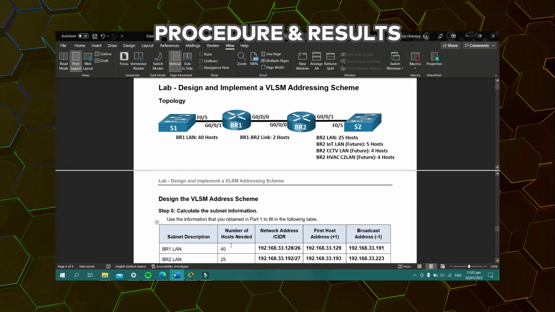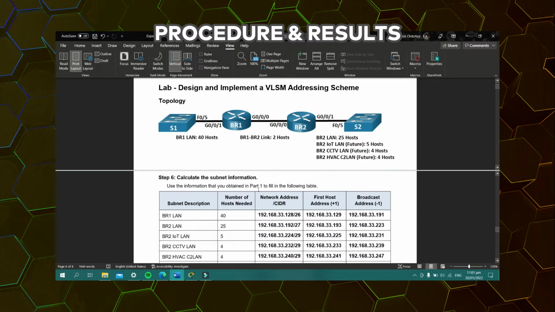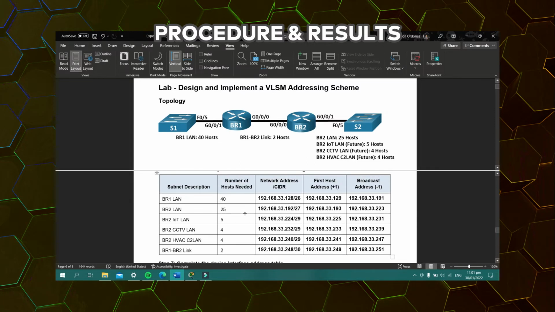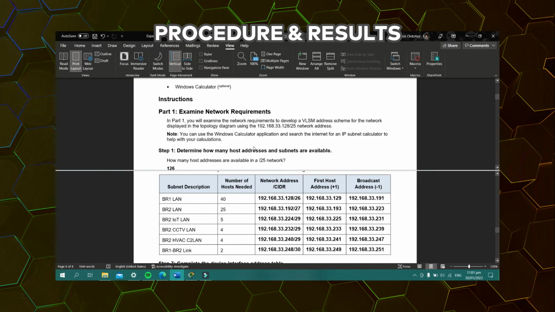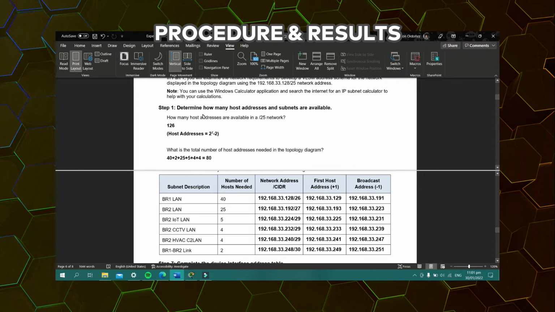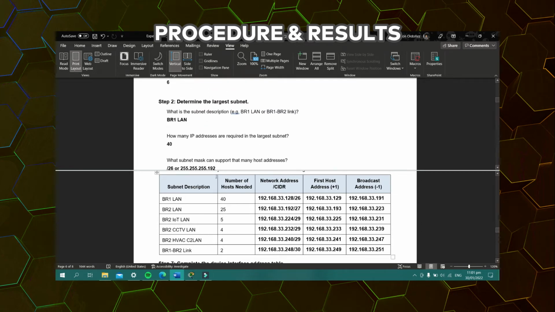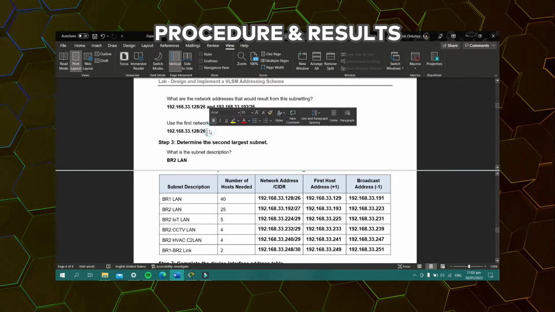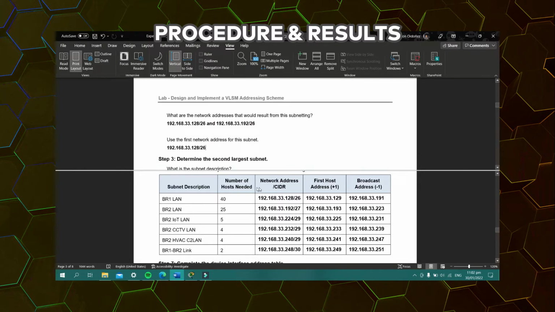Okay, next. Use the information that you obtained in part 1 to fill the following tables. Okay. So first, for BR1 LAN. Number of hosts needed, 40. First, the network address. It is 192.168.33.128.